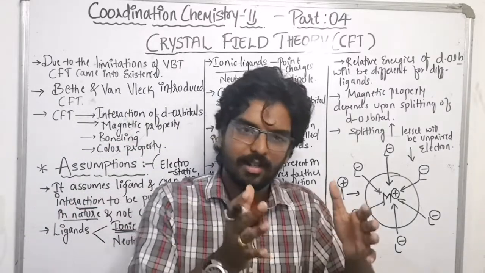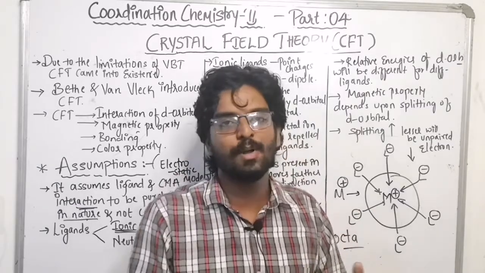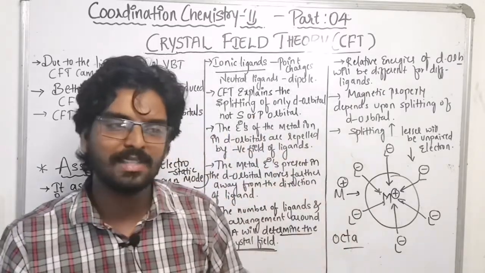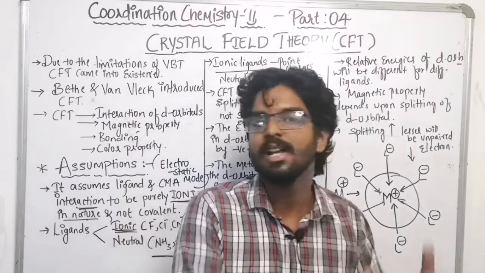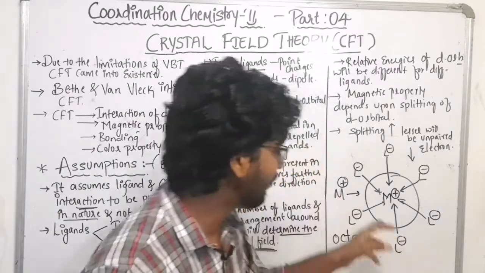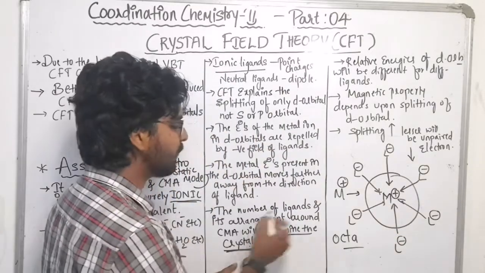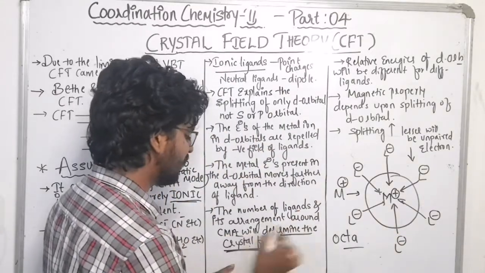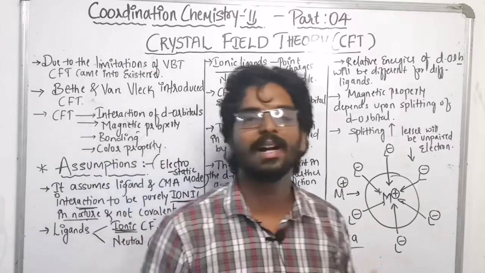For each type of arrangement and number of ligands, you can see different studies for each of the crystal fields. Why? Because the crystal field depends upon the number of the ligands and how these ligands are arranged.